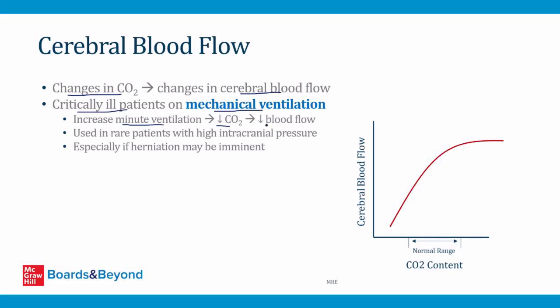And that's going to decrease blood flow to the brain. Sometimes this is actually helpful in rare patients who have high intracranial pressure, especially if their brain may be about to herniate. Increasing the minute ventilation is an intervention you can do in the ICU to decrease blood flow to the brain, and this is all mediated through changing the carbon dioxide level.